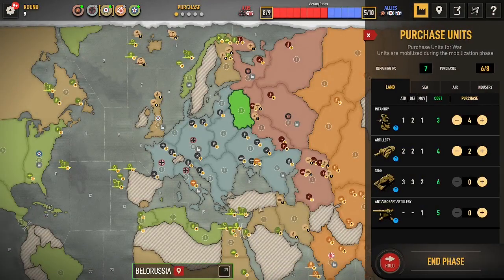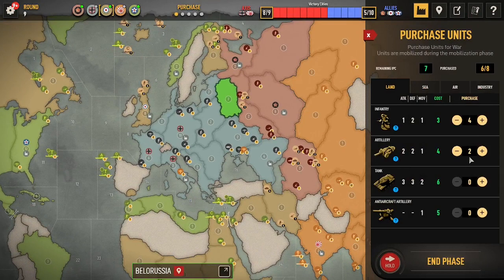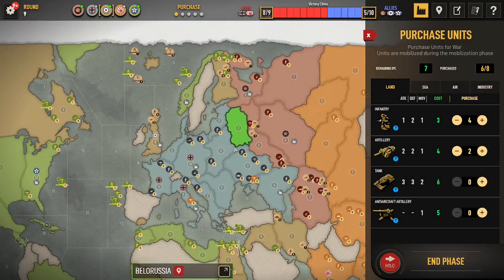That will give us 27. I want to be able to build a fighter next turn. So 6 would be 18, and a fighter would need 28, and we may have 27, or 24 plus the 3.